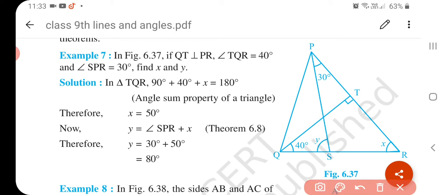If we extend this line RS to Q, this Y is your exterior angle, so Y is equal to SPR plus X. What is SPR? SPR is 30. So 30 plus 50 is equal to 80, which means your answer is Y is equal to 80. Understand?